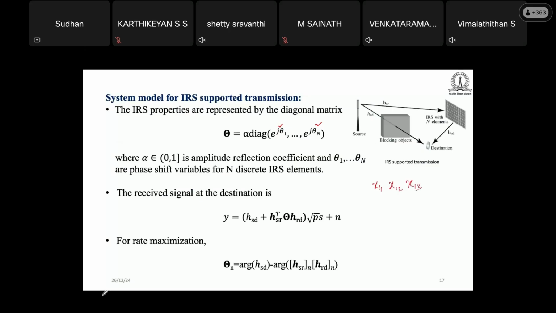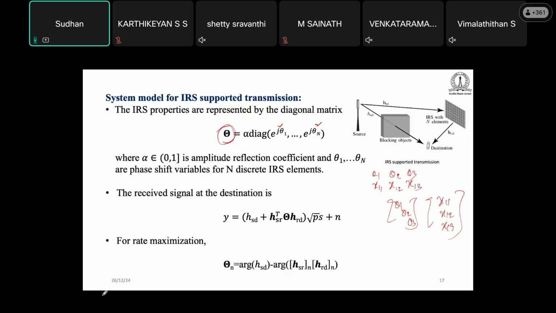To multiply these with theta 1, theta 2 and theta 3, we put theta 1, theta 2, theta 3 on a diagonal, and then multiply with x11, x12, x13, so we get element-wise multiplication. That's what we are doing here.